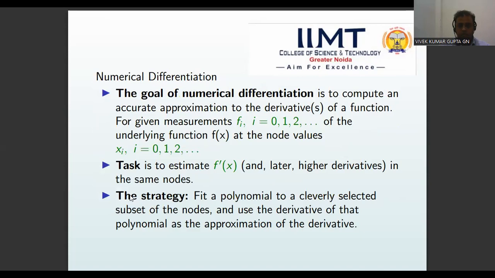So our strategy to find a numerical derivative is to first fit a polynomial to a cleverly selected subset of the nodes and use the derivative of that polynomial as the approximation of the derivative.